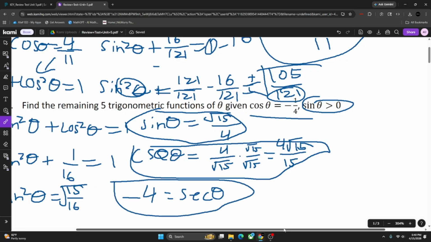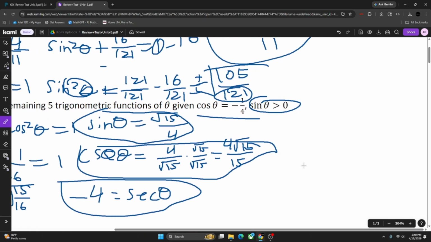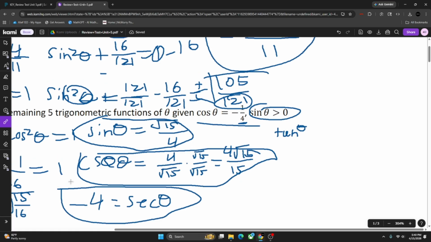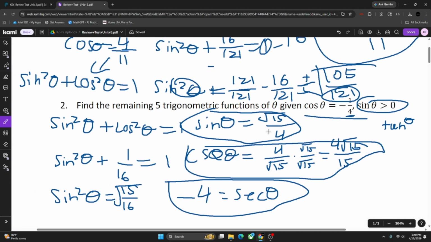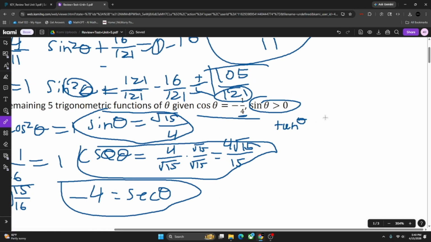And also, we know cosine and sine because we solved for it. So if you want tangent, tangent is equal to sine over cosine, so you put square root of 15 divided by 4, and then you put this in a calculator and simplify it. 4 over 15, I think.